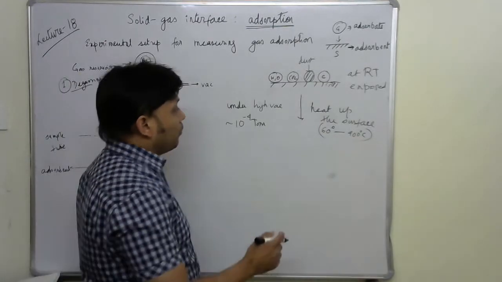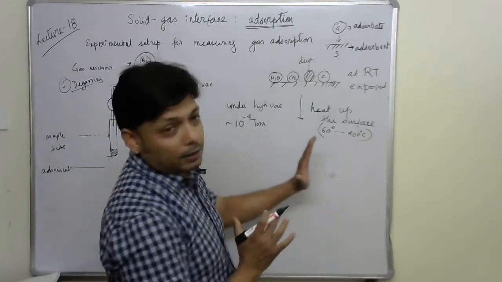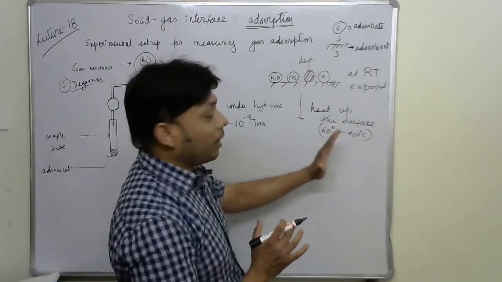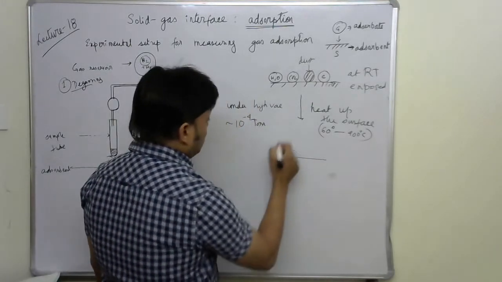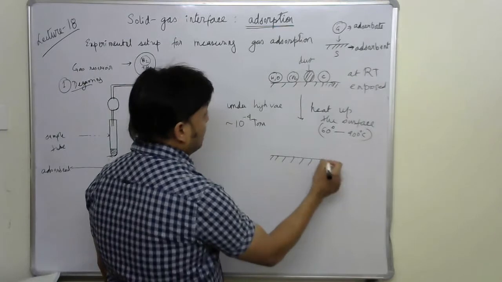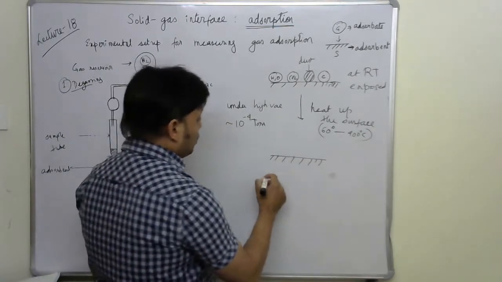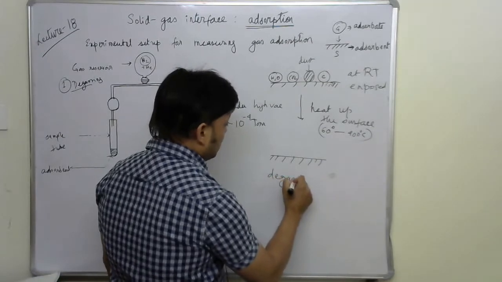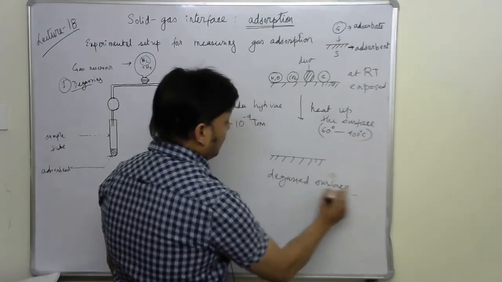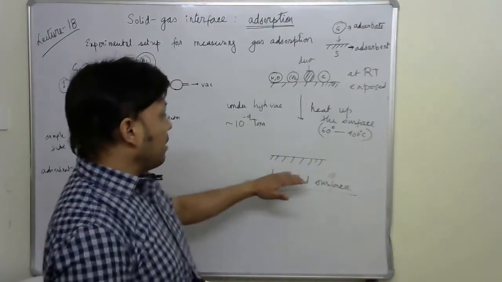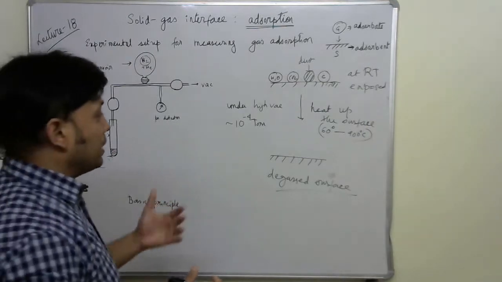Therefore, the temperature should be optimum, but it is definitely higher than room temperature. The higher, the better. If we treat that surface in that condition, we now have the free surface. We call this the degassed surface or degassed sample. Alright, so now this sample is ready to take on fresh nitrogen or analyte molecules for adsorption.